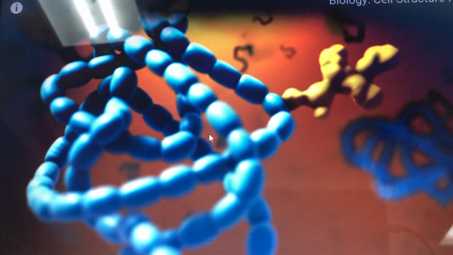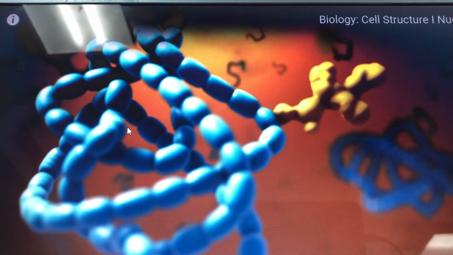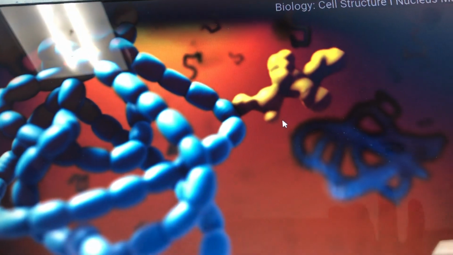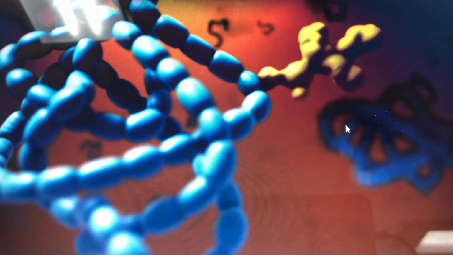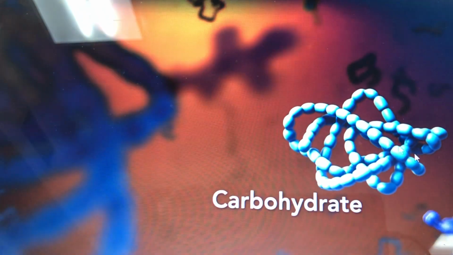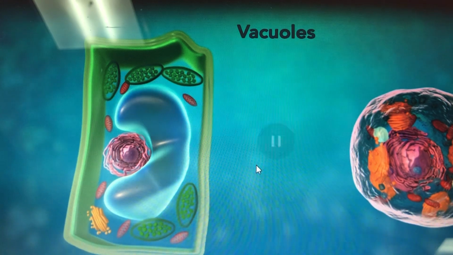So in the Golgi apparatus, packaging also happens for the proteins, sorting of proteins, and sometimes some proteins have added parts like lipids or carbohydrates. Now here this is a protein with a lipid, and here the proteins are modified.